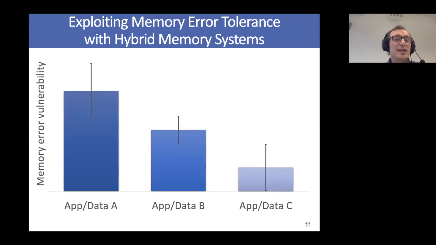If you inject these bit flips, how bad is it from an application's perspective? Meaning, what is the memory error vulnerability of different types of data in a given application? This type of data, for example, has high vulnerability. What does that mean? If you get a bit flip in this particular data structure, the application crashes immediately. Why? This is really critical for progress.